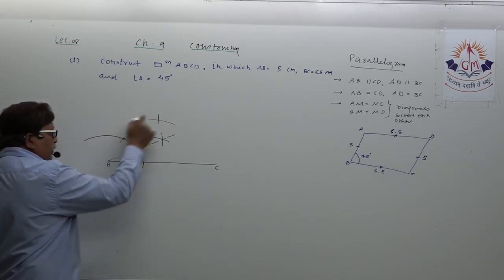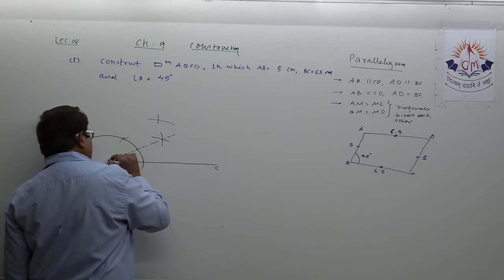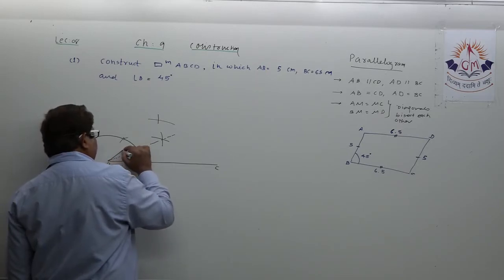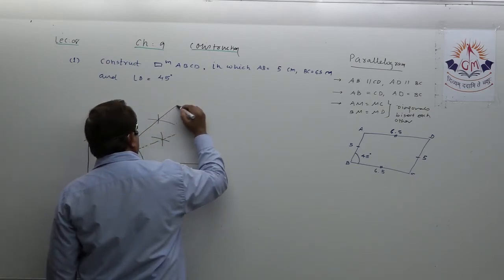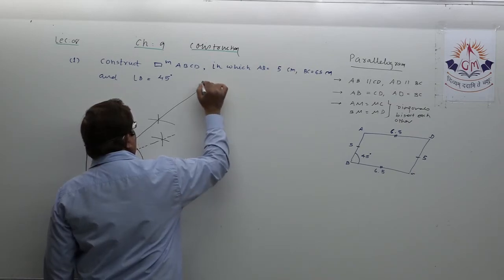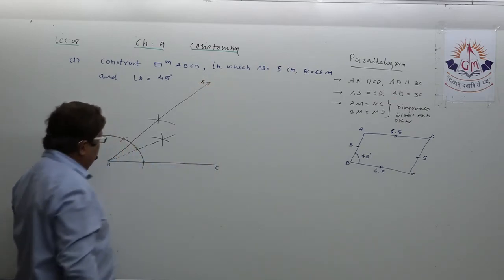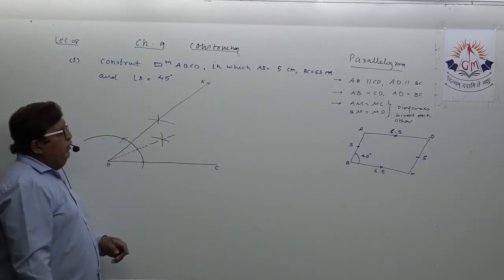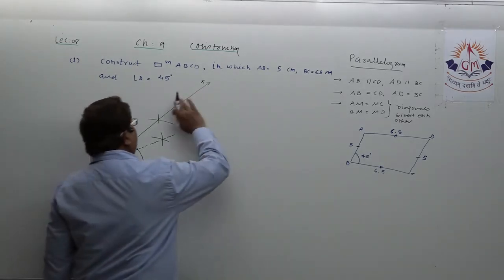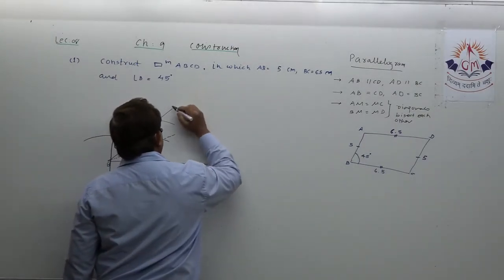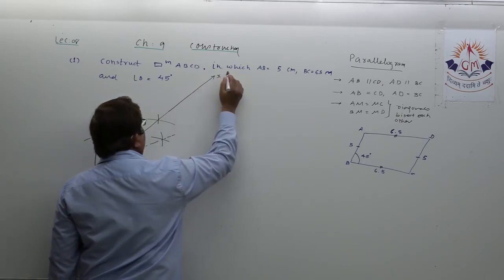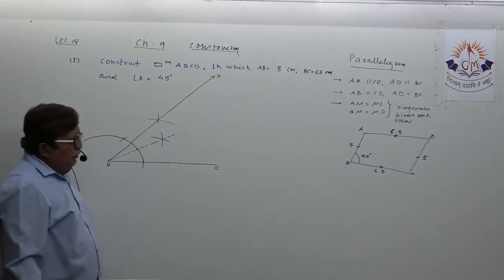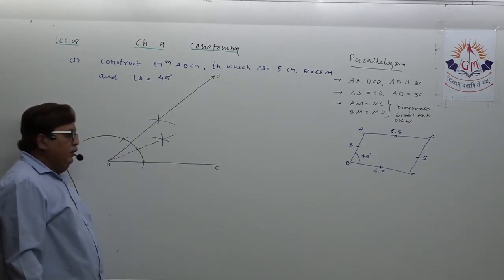One from 30, one from 60, and now you can join it, and you can extend it also. This is ray BX, which ensures the angle of 45 degree here. Okay, angle of 45 degree has been constructed.